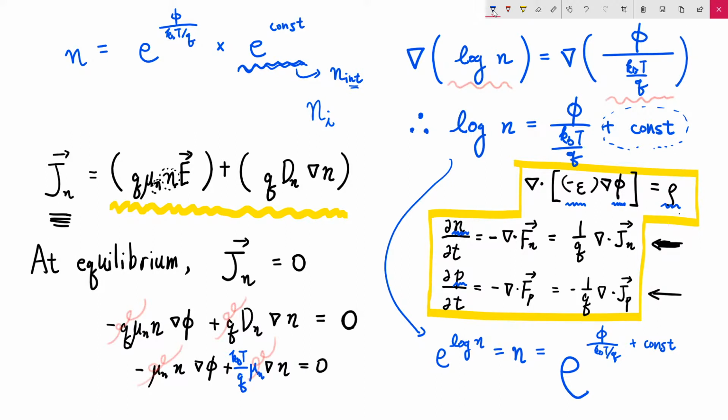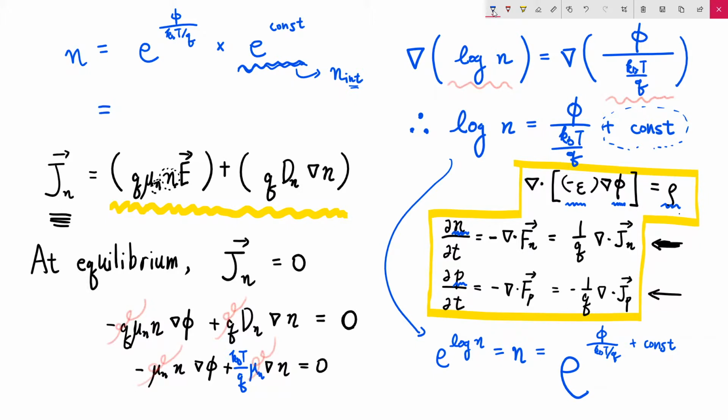But in reality, in this field, n sub i is more frequently used to designate the intrinsic carrier density. Sometimes we add more, like n sub i effective, the effective intrinsic carrier density, but this is not the case for our discussion.